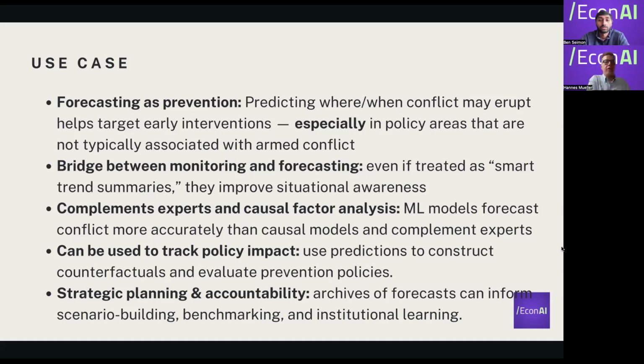Or think about a country where you are trying to help build a power sharing agreement, and you can compare that country to another country that had similar risk at baseline, and compare your policy impact over time in this way. And we think that tracking countries and regions over time is very useful in this way.